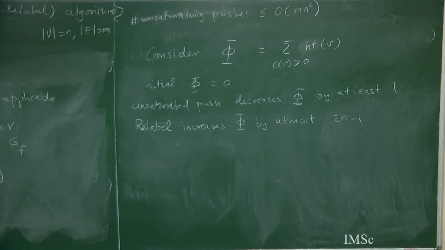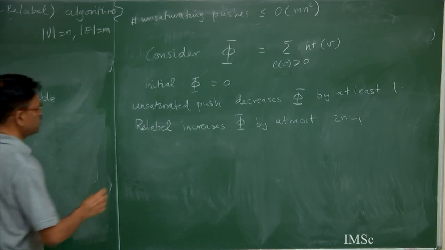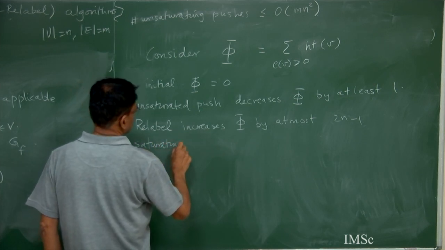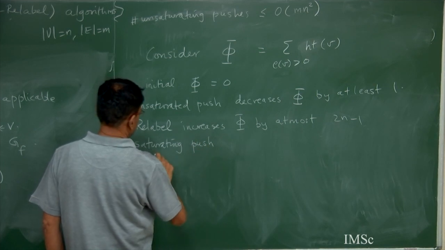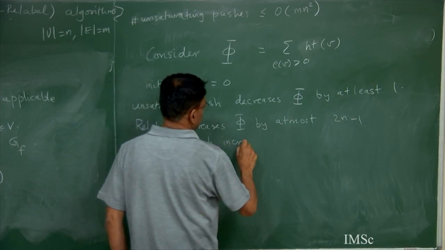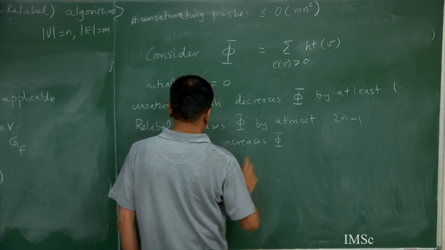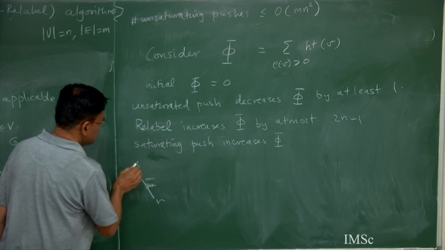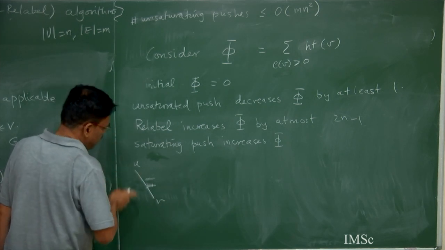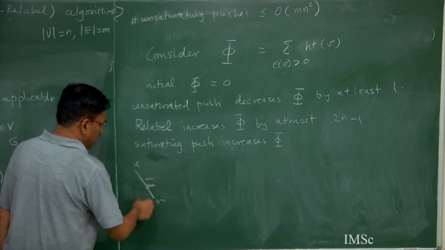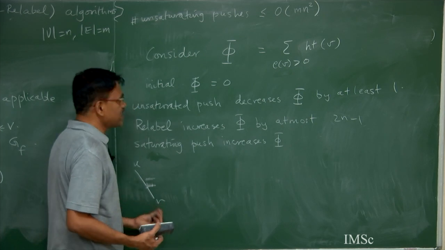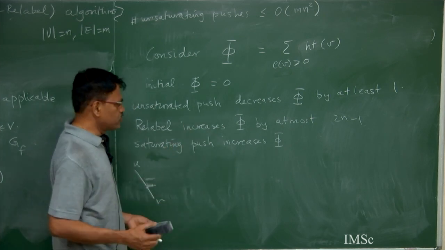That is the maximum increase a relabel operation can do to phi. And a saturating push: again it's uv, you've saturated this edge, and this vertex may become a vertex with new positive excess that was not there before, so I have to add its height to phi, and it can be at most 2n.